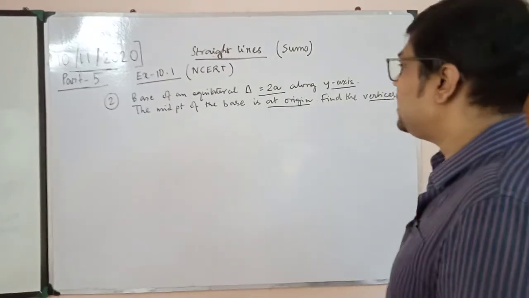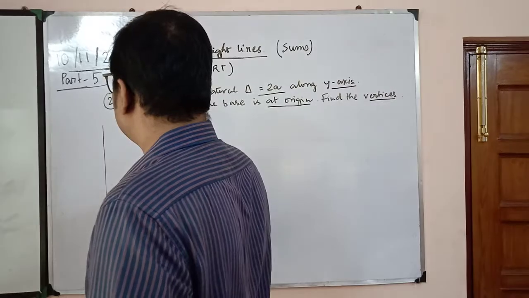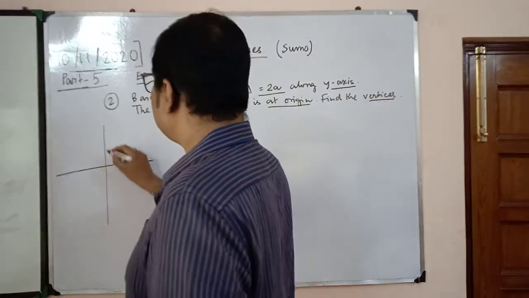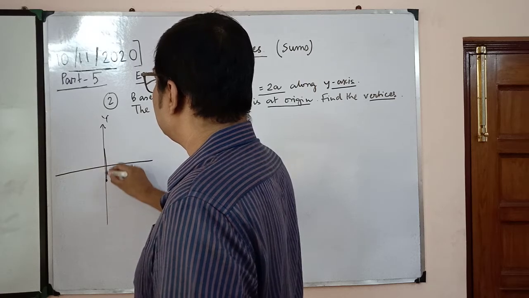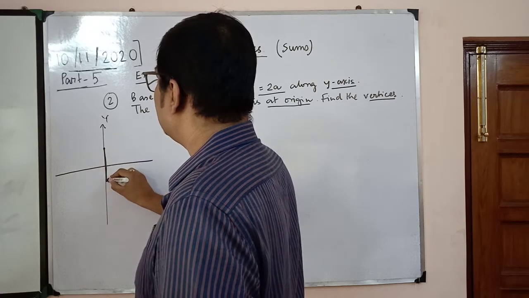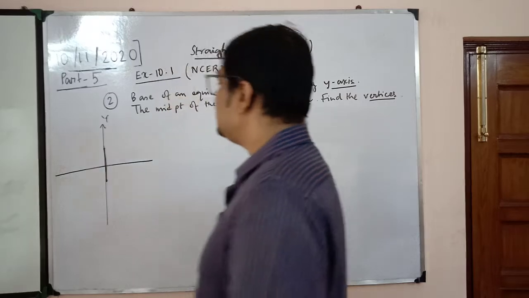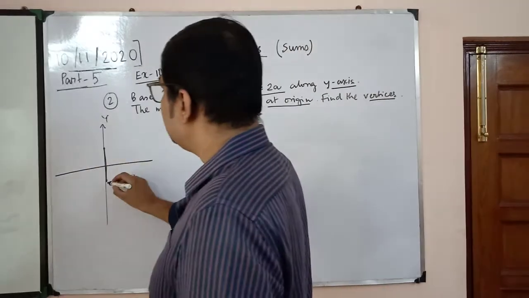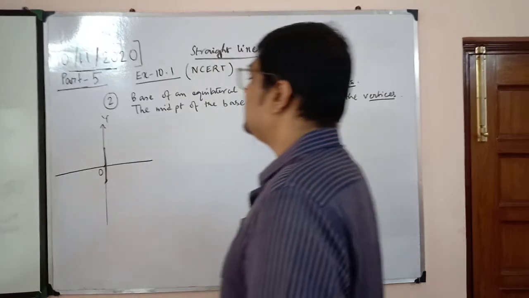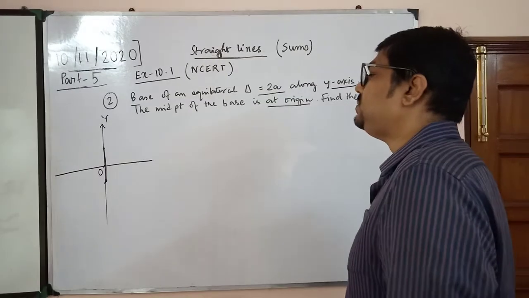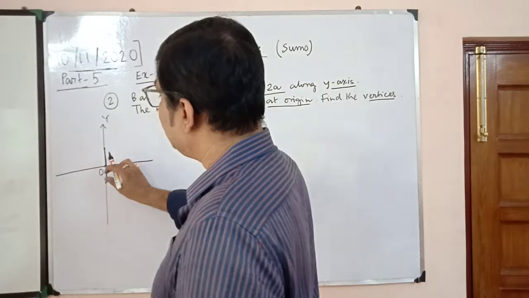So that means the diagram will be kind of this. If this is the y-axis, the base is like this, say. So this is 2a. Obviously, the midpoint of the base is at the origin, so half of this is above and half of this is below.